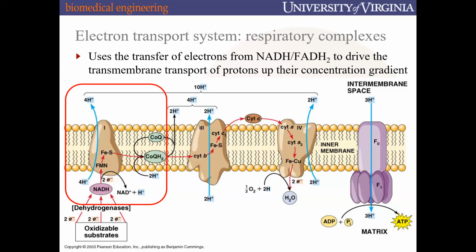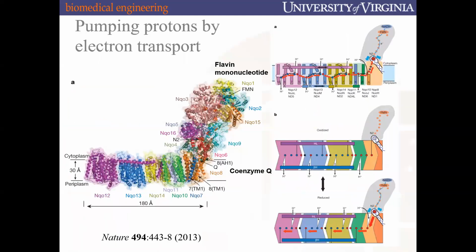That's how the electron transport chain is oriented and how it's working. But to provide more detail on this pathway, we're going to center on complex 1. What's interesting about complex 1 is that it's one of the more well-studied complexes. This figure is from 2013.